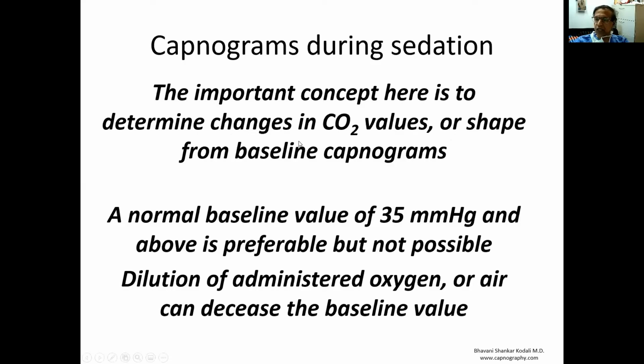So basically, you have a baseline capnogram, then you see how this baseline capnogram changes upon administration of sedation. A normal baseline value of 35 millimeters of mercury and above is preferable, but not always possible. And I have given the reason why it is not possible.